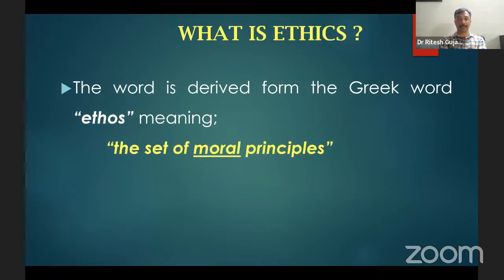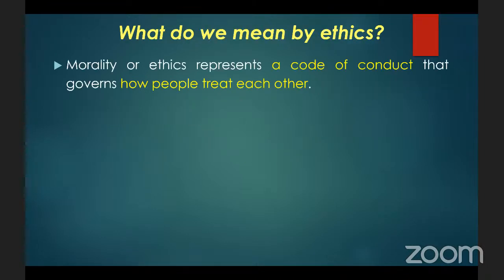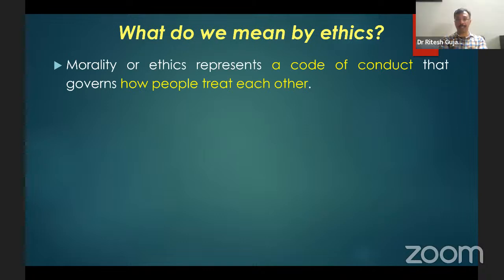Now, what is ethics? We all know that the word ethics comes from a Greek word, ethos, and ethos means a set of moral principles. These are the principles which guide us, or help us, to discriminate between what is right and what is wrong. So this is the meaning of ethics.